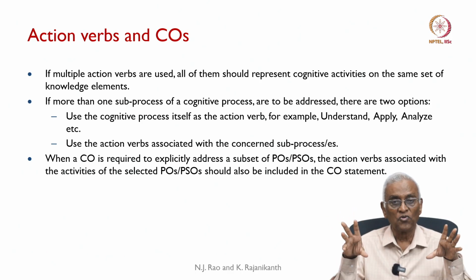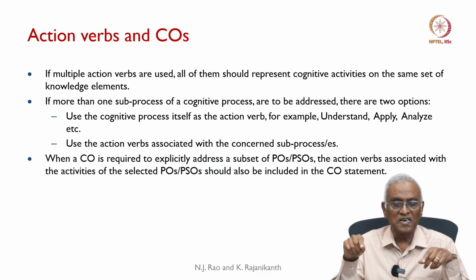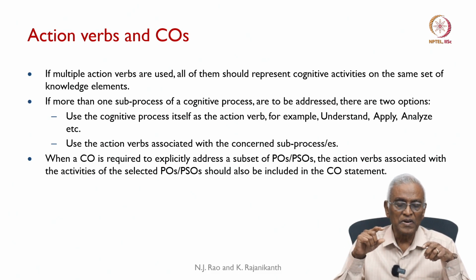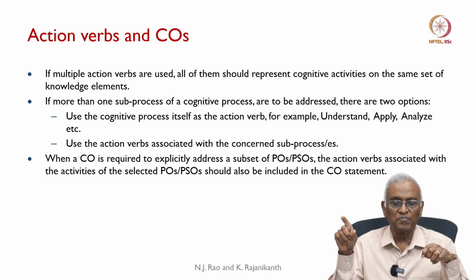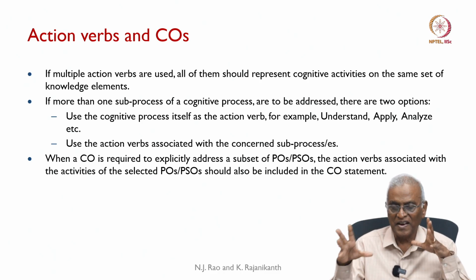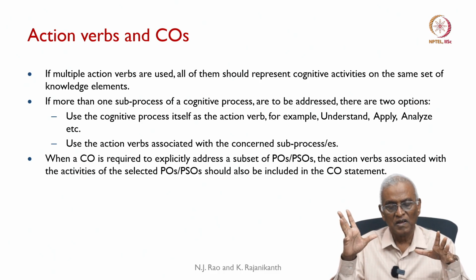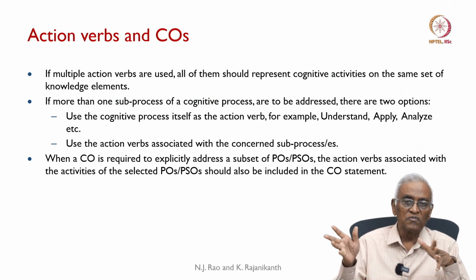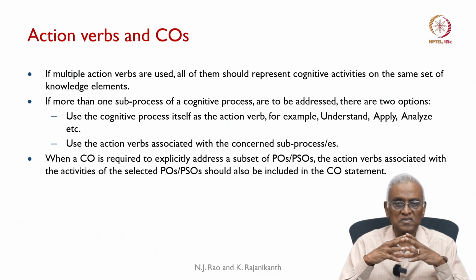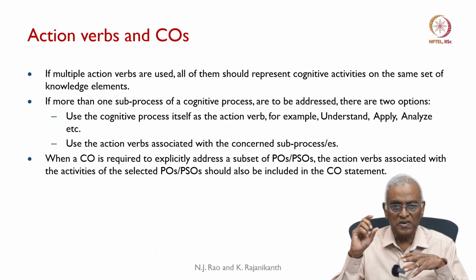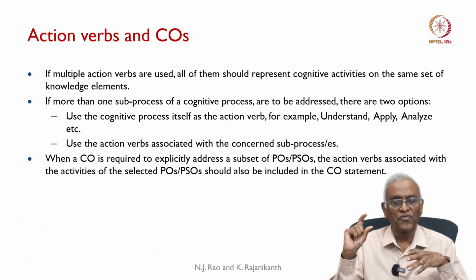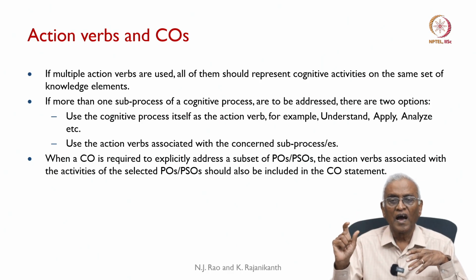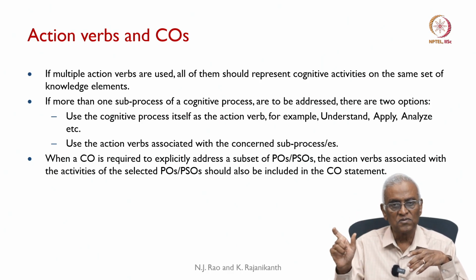First I write my CO and then look at the statement and then I say implicitly or explicitly I am addressing PO1, PO3, PO5, like that I can make a decision. But that becomes a little subjective. But the other way is I want my CO to address a particular selected subset of POs and PSOs. And then I choose action verbs related to those.